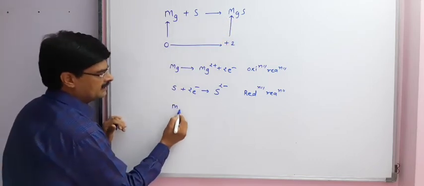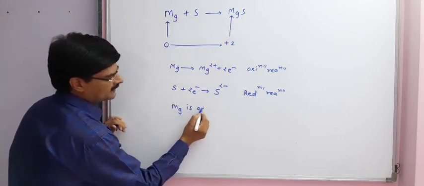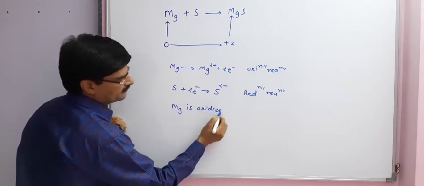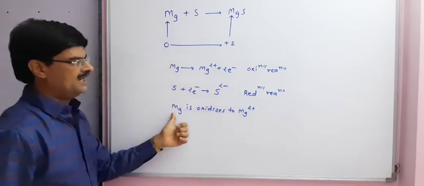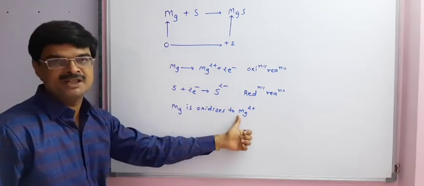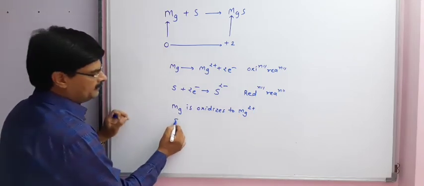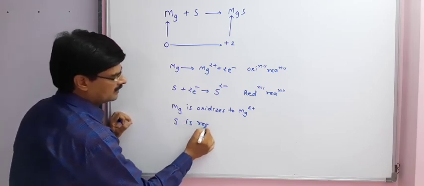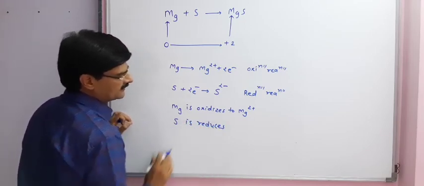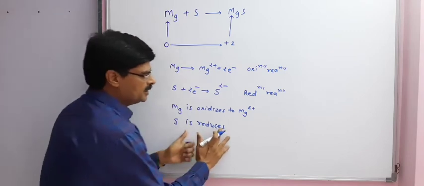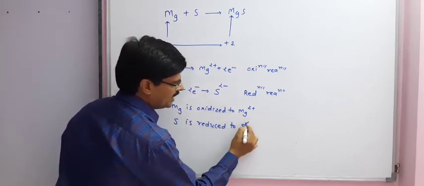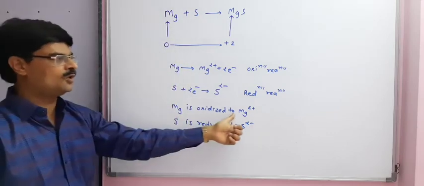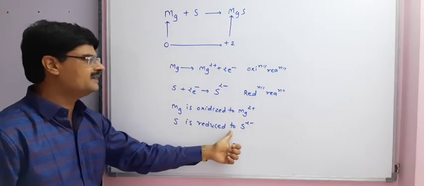Here we can write Mg is oxidized to Mg2+. Sulfur is reduced to the S2- ion. Mg is oxidized and sulfur is reduced.